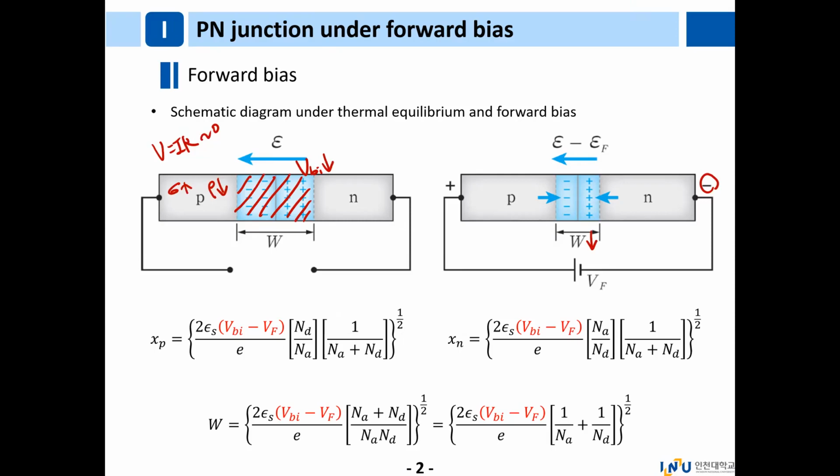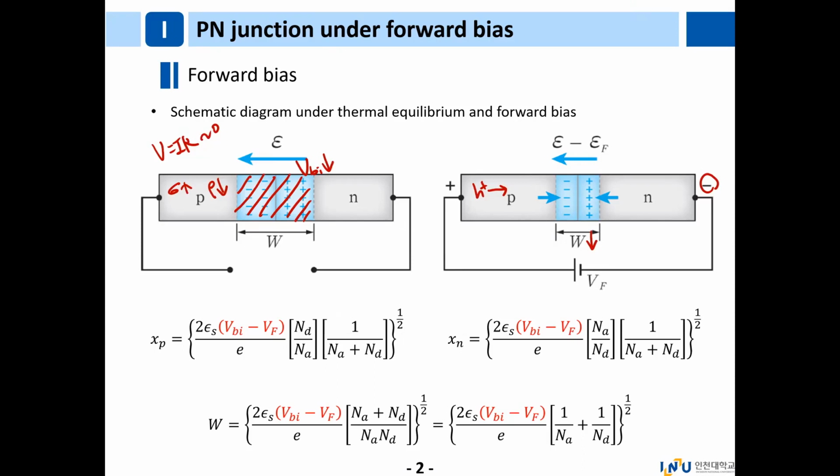Since a positive voltage is applied to the P side by the forward bias, of course, the majority carriers are pushed further in the plus X direction, and the acceptor ions forming charge neutrality with the holes disappear from the space.